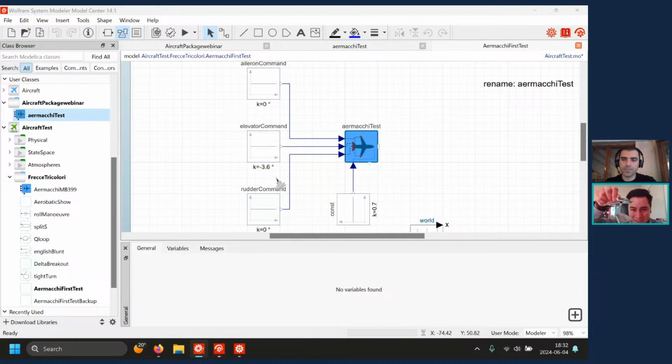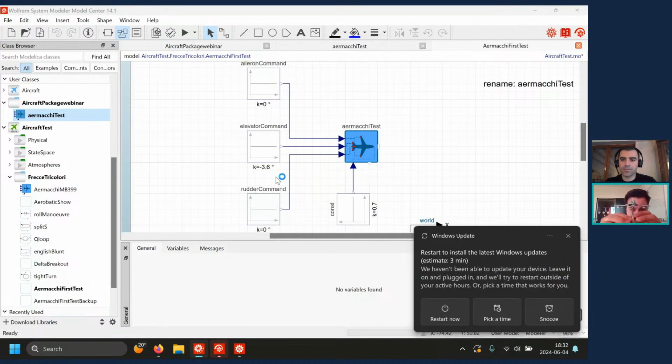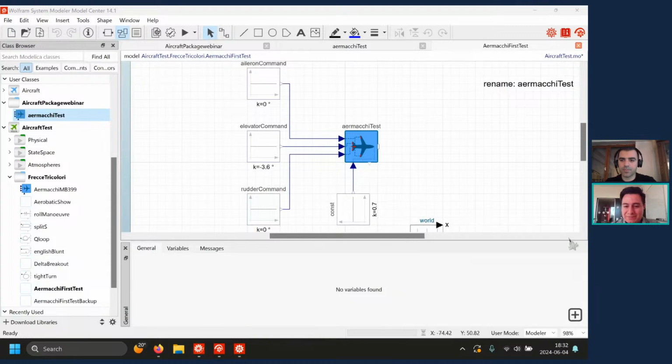The rudder, the one that moves the airplane like this, is going to be on 0. And this thrust over there, imagine as if it was the pilot's input on the throttle, so from 0 to 1. This would be something like 70%.